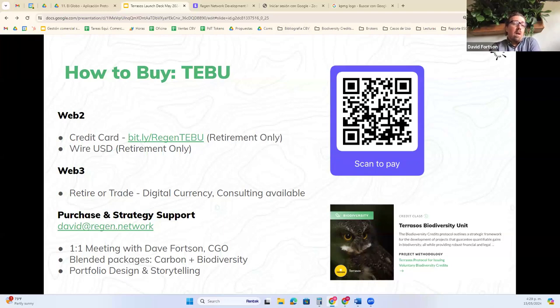Myself, as well as the Terrasos team, are totally happy to sit down with you and consult on how to purchase, or how to think about integrating this into meeting your climate goals as a company or bringing this into your portfolio. And as far as the ability to meet multiple climate goals, you can pair these biodiversity credits, these biodiversity units, excuse me, with ICROA certified carbon credits at Regen Network.